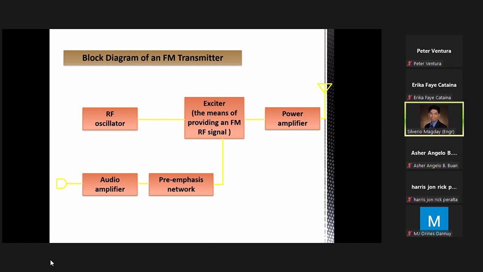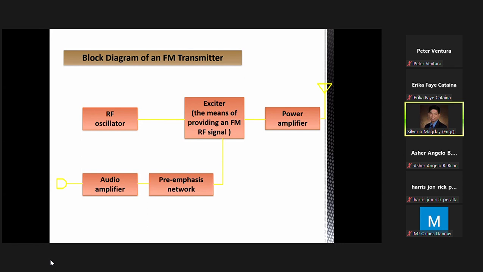Your modulating signal is fed into the audio amplifier, also to a pre-emphasis network, wherein the frequencies in the modulating signal are made to have equal power. The output of the pre-emphasis going to the exciter is then amplified and sent for phase modulation.